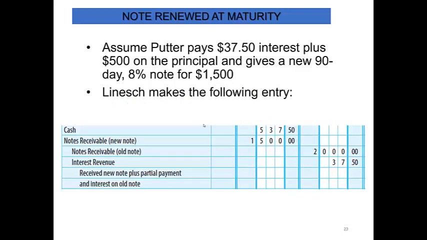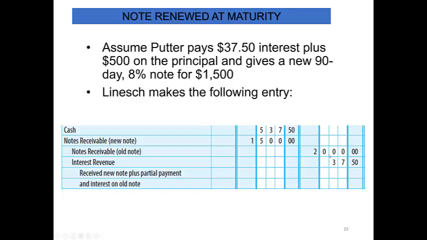All right, in this case it says assume Putter pays $37.50 plus $500 of the principal. So we have another brand new note. We collect the principal of $500 plus $537.50, and then we're going to remove the old note.